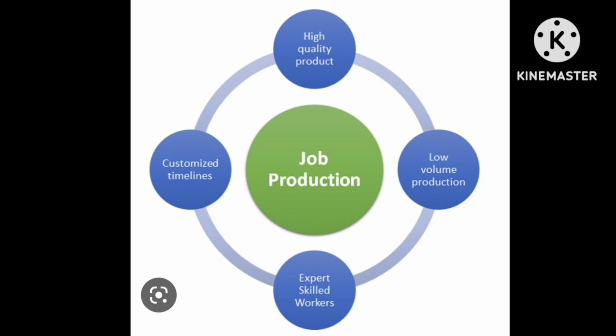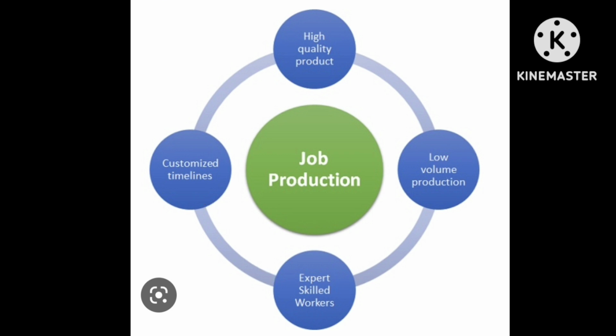Number 3, job production. Job production, sometimes called jobbing or one-off production. Again, on the screen, we can see some of the keywords that define job production. Job production is a high-quality product, low-volume production, expert skilled workers, and customized timelines.